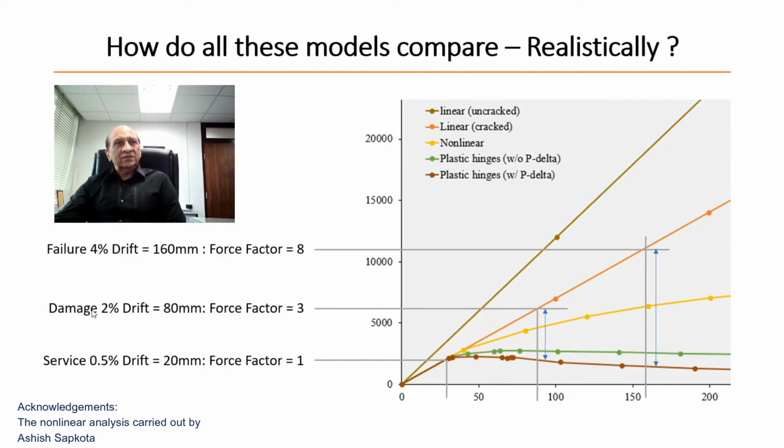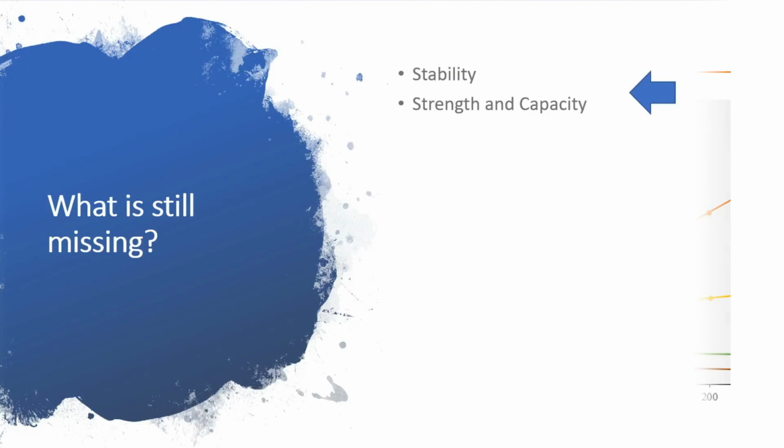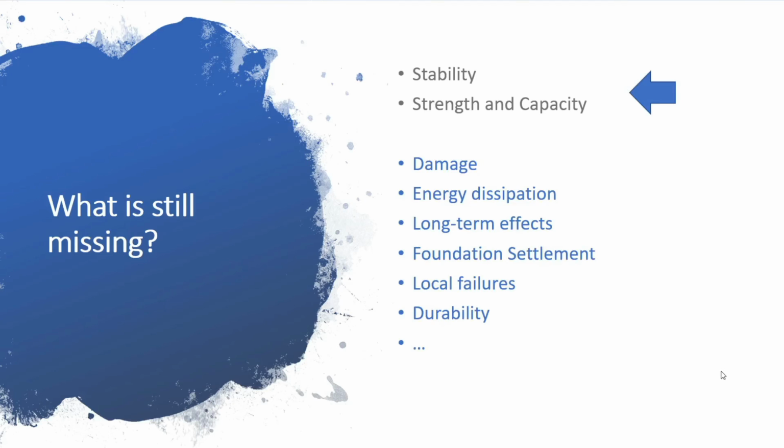Now that we have done quite a bit of nonlinear analysis, we can see that we have covered a lot of ground. Even though we have considered a lot of nonlinearity aspects, we only actually managed to consider two real effects: stability, strength, and capacity. And we are still missing a lot of the other effects that can be considered for complete understanding of this frame.